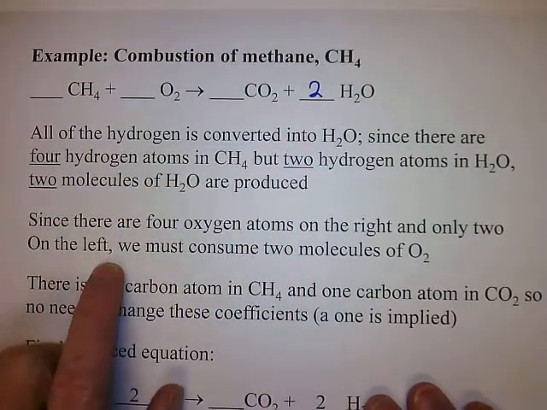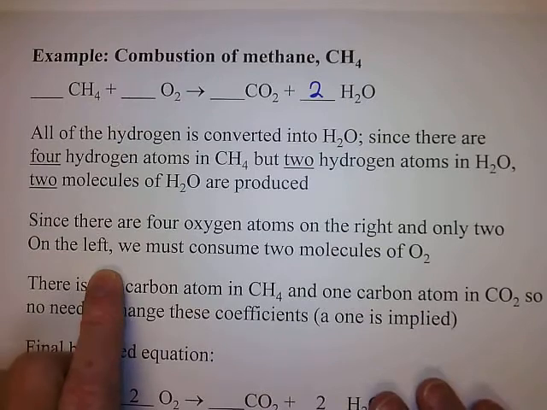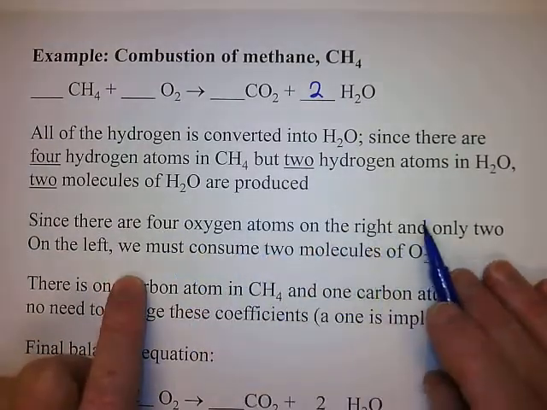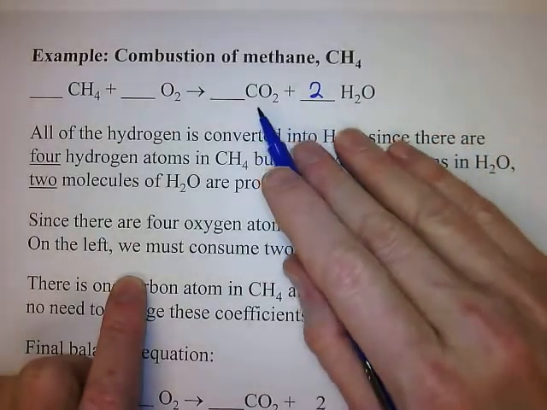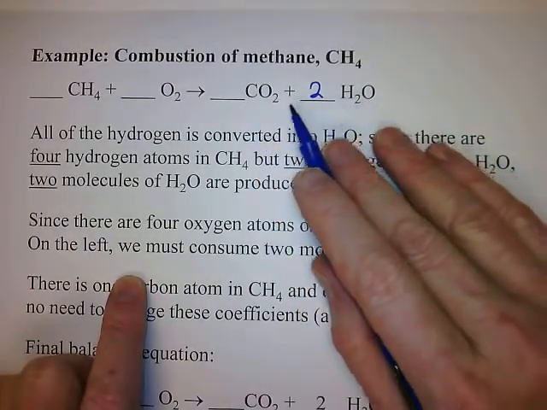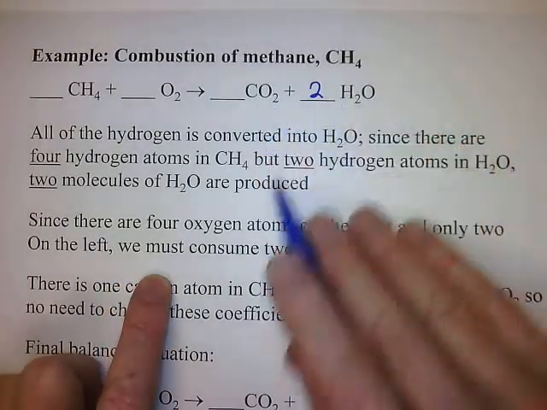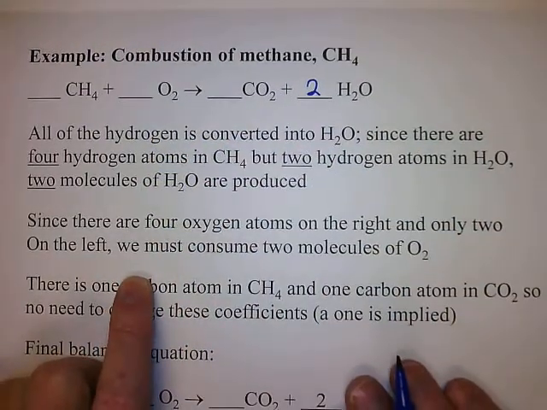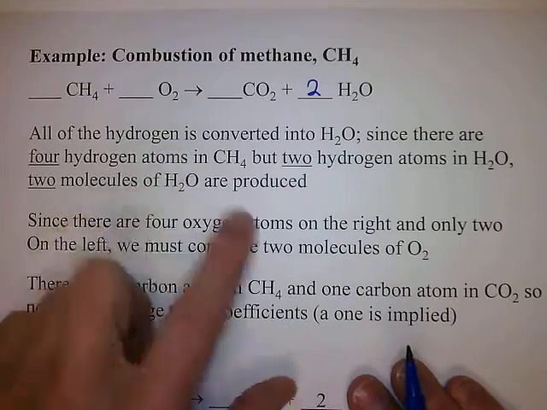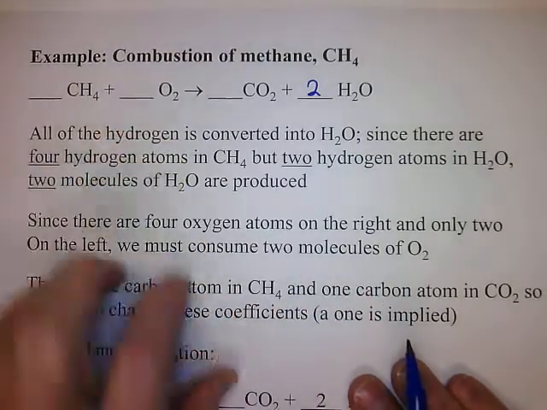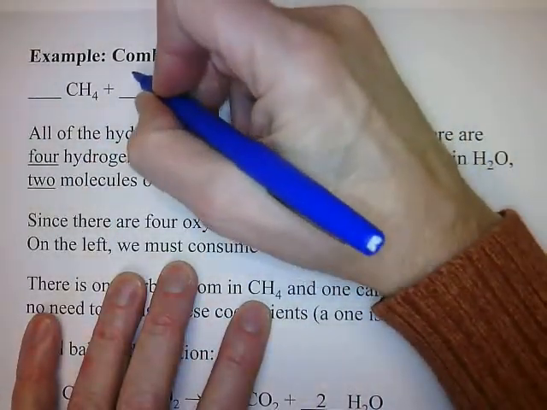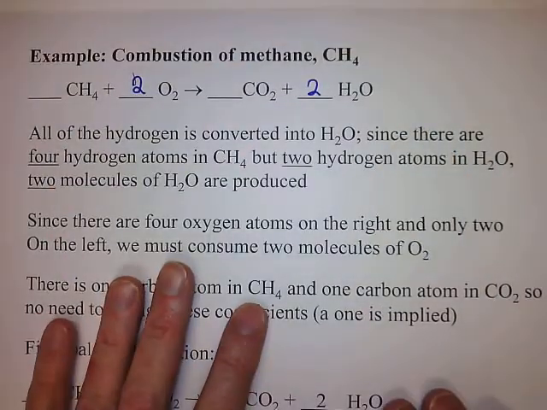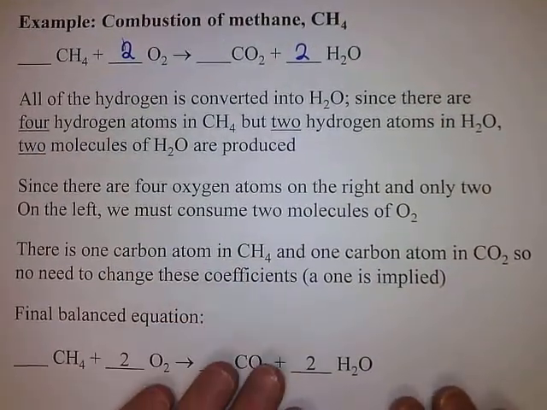Okay. Then we would balance the oxygen. There are now, after we put the 2, 4 oxygen atoms on the right side, but only 2 on the left. So we have to make the oxygen balance. We're going to put a 2 in front of the oxygen, okay?